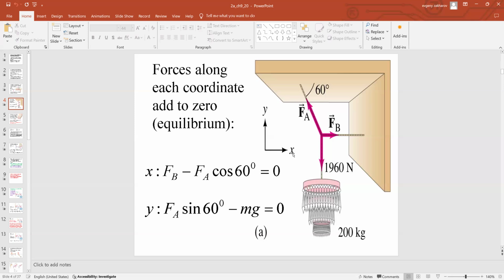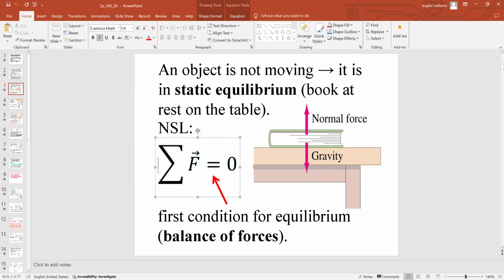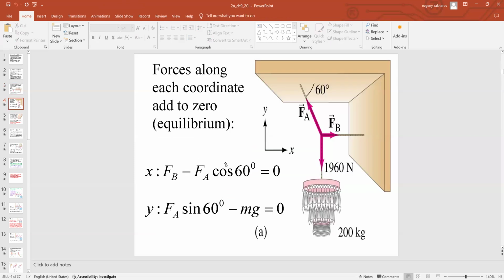So balance of forces, you say net external force is 0, and you clearly have two dimensions here, an x and y coordinate system. For the x-axis, you have positive f sub b.